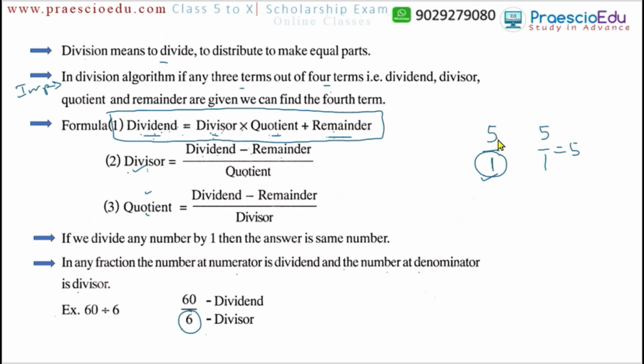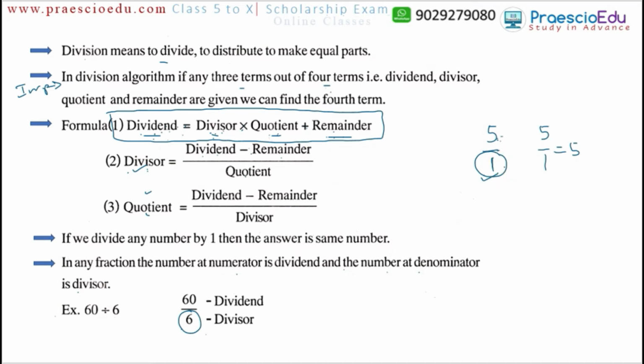The number at the numerator is the dividend, and the number at the denominator is the divisor. The divisor is dividing this number, and this number is getting divided, so that is why it is called the dividend.